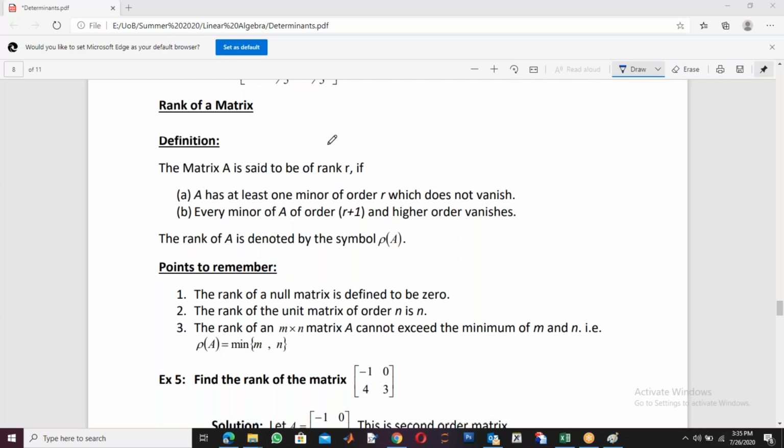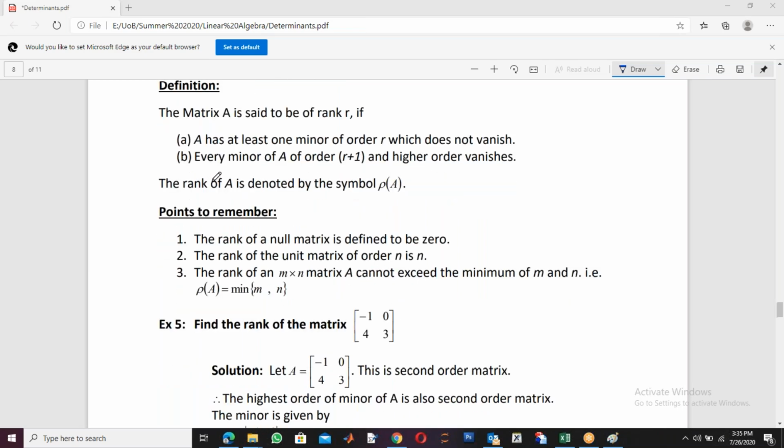So the second method for finding the rank of a matrix is through the minors. So what is the minor? Here you see, this is what I did yesterday.